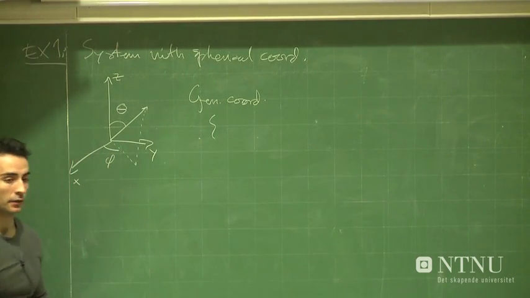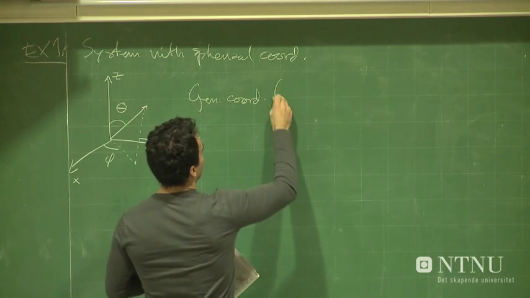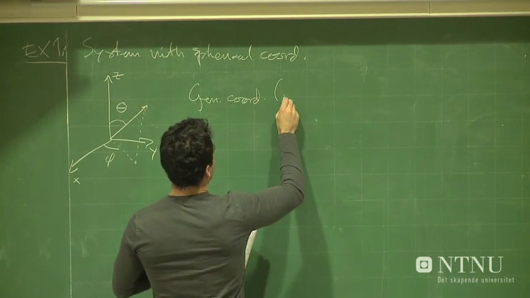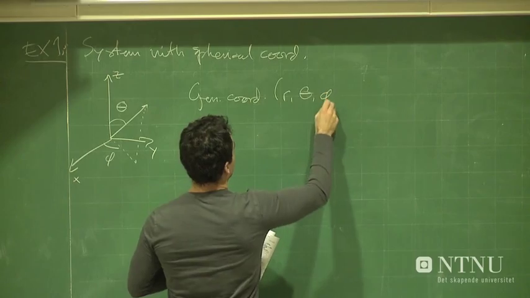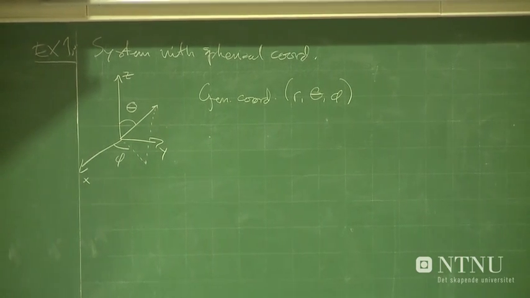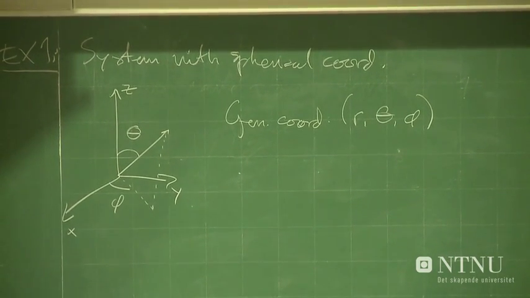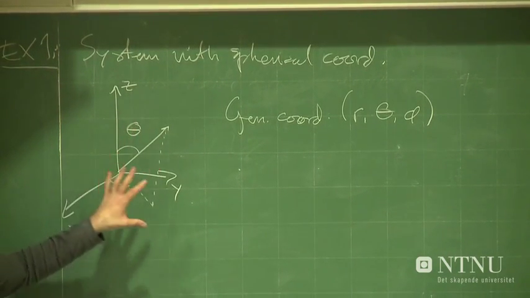So the generalized coordinates for our purpose, assuming that there are no constraints in the system, will be r, theta, and phi, which are the three variables used to characterize any position in three-dimensional space.